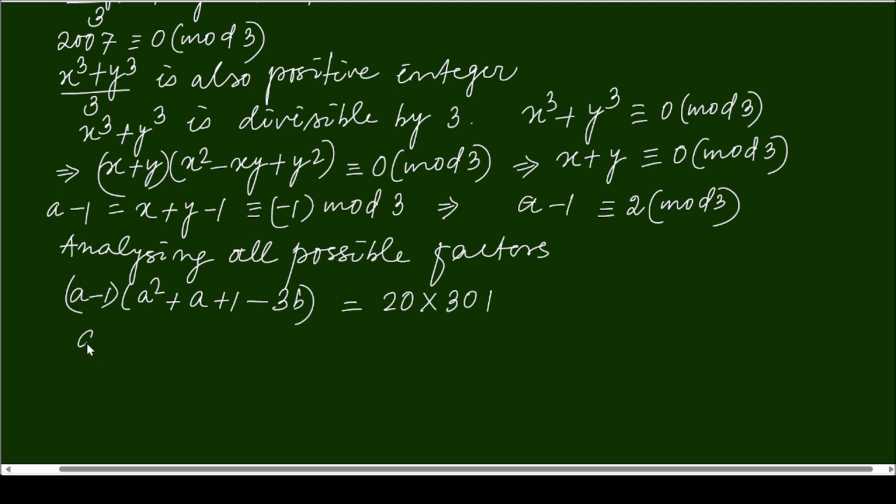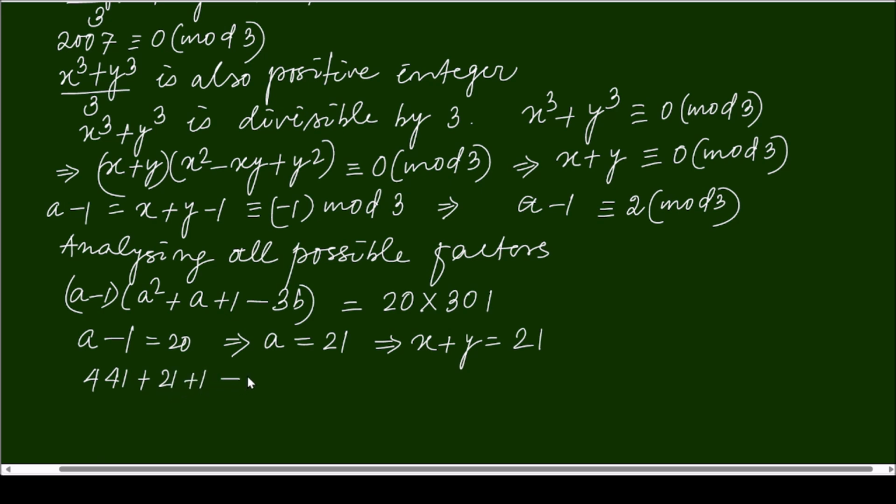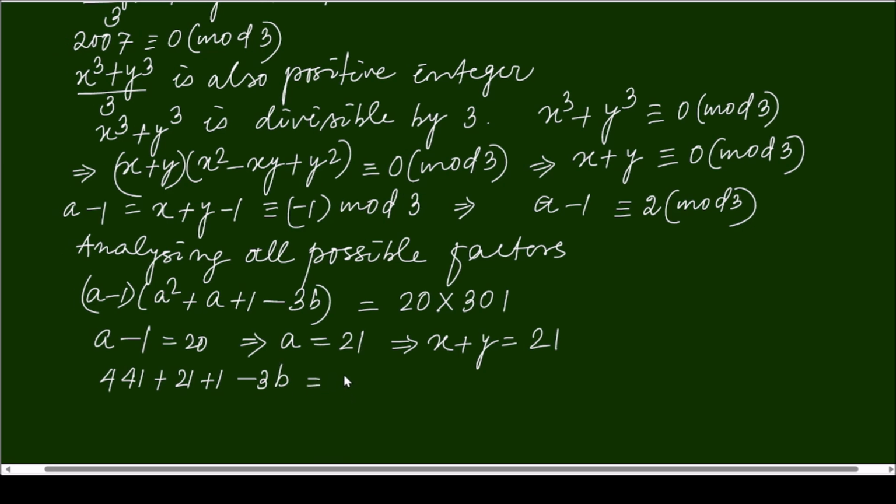So a minus 1 equals 20, or a equals 21. That means x plus y is equal to 21. Putting a equal to 21 here, 21 squared is 441, plus 21 plus 1 minus 3b equals 301.